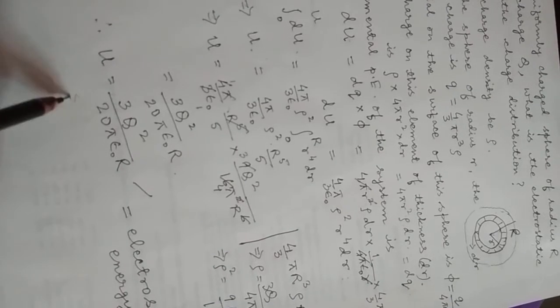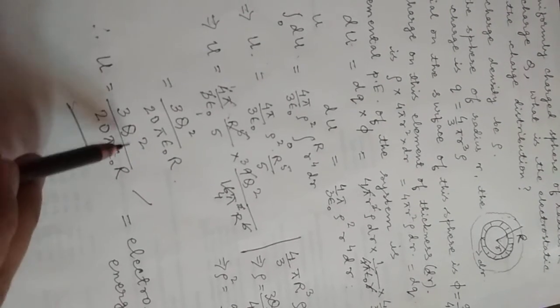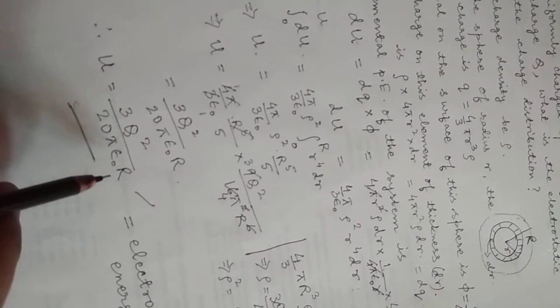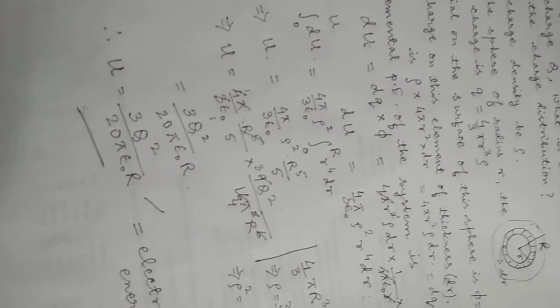So you have the electrostatic energy as 3Q square by 20 pi epsilon naught R. Okay, so I hope you have understood. Thank you.